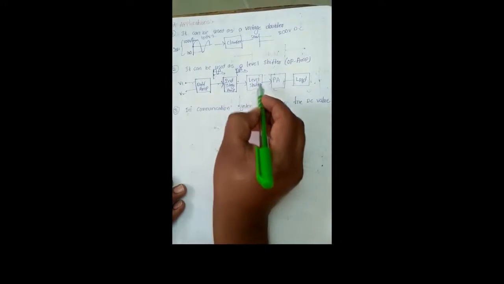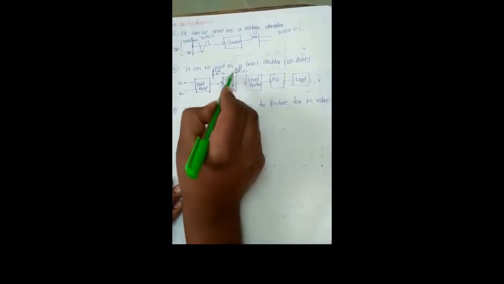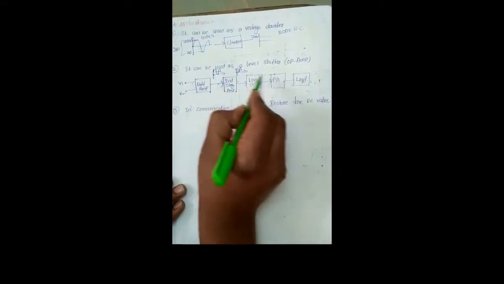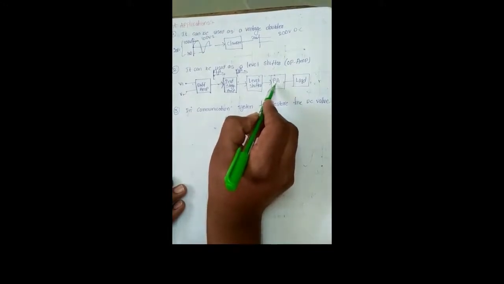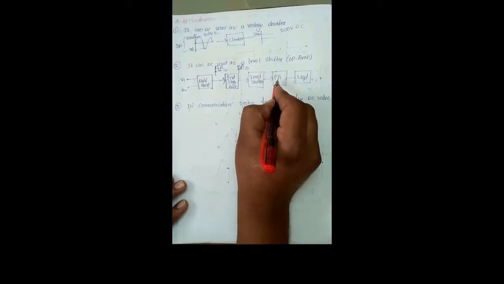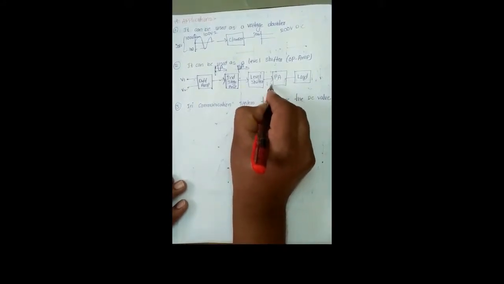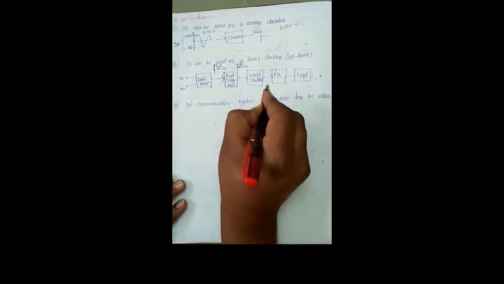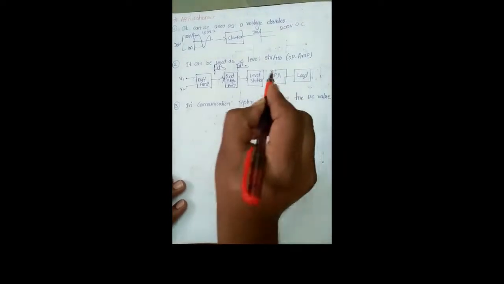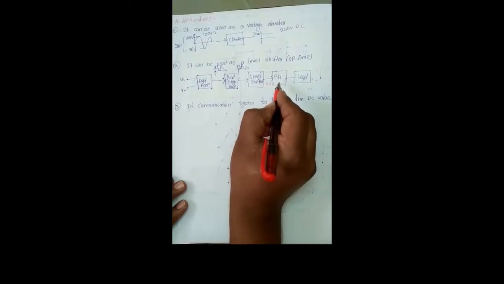For example, here we are not using the level shifter, and this input signal is given directly to the input of the power amplifier. At that time, for example, this amplifier has a fixed voltage, say 0.7 volts. It means that at 0.7 volts, this transistor is operated in the active region.